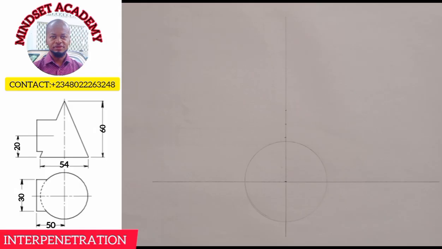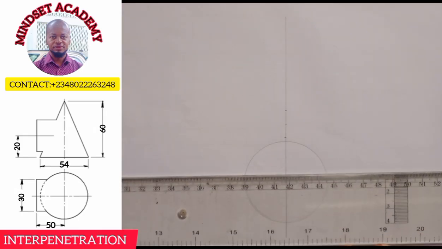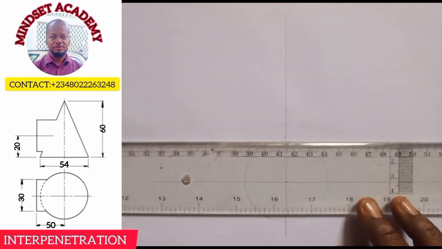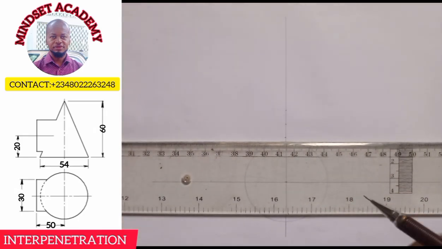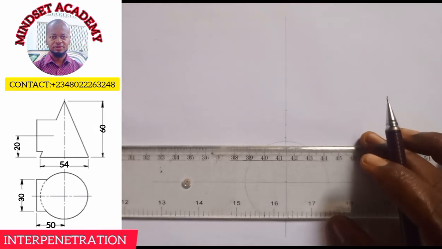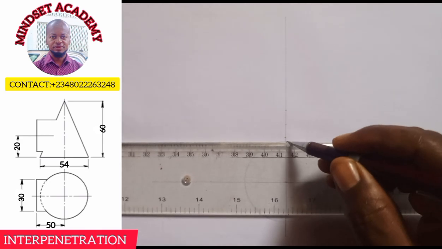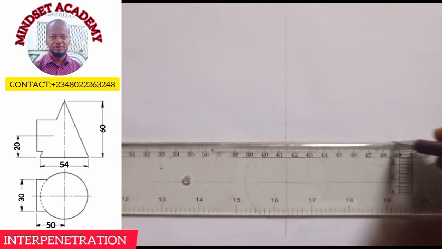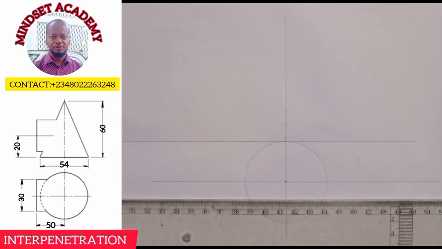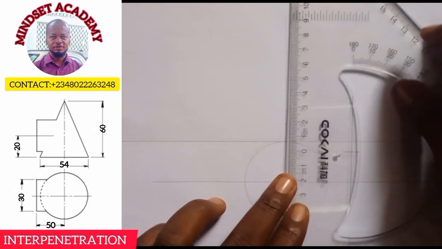Can you see that? And I am going to draw a baseline this way from here. This is my first baseline. Alright, from that point, I am now going to measure 10 millimeter.